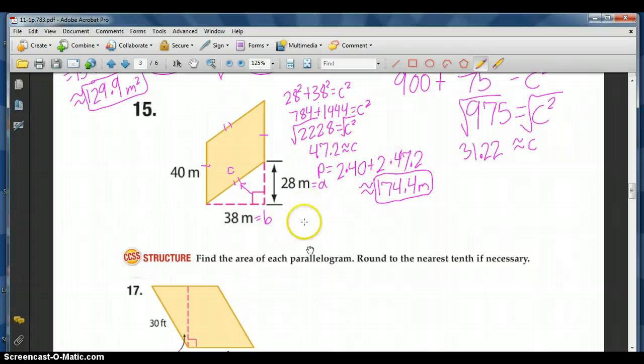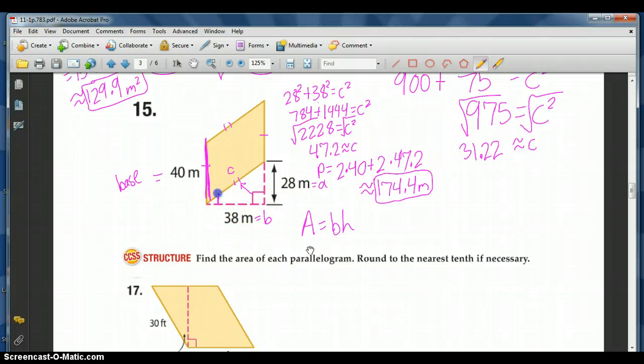And we still need to find our area. So our area is our base times our height. Our base could be any side. So if we call this side the base, then we would just want the perpendicular segment to the opposite side. So that would be this length.